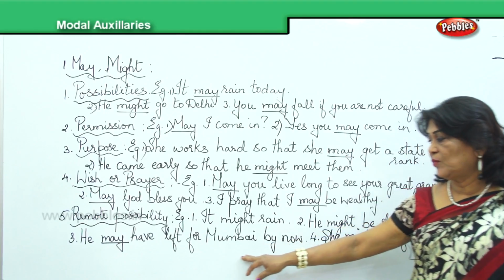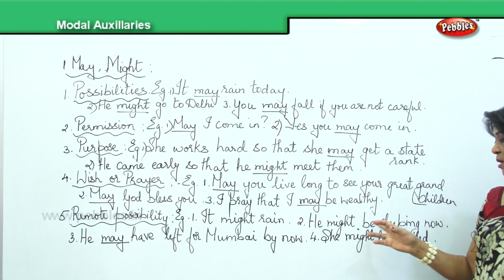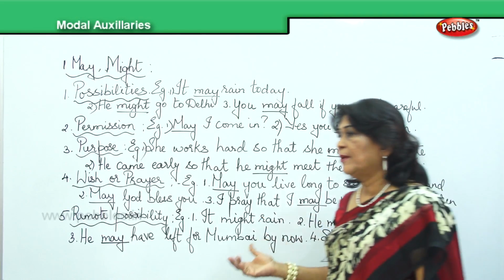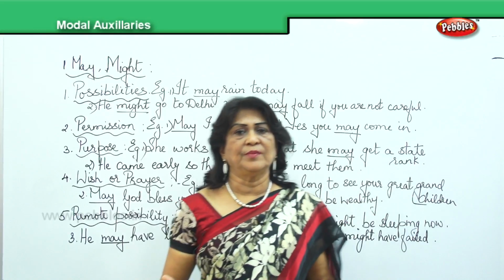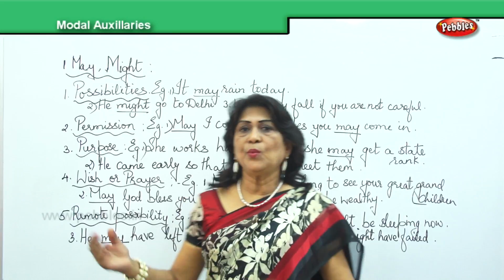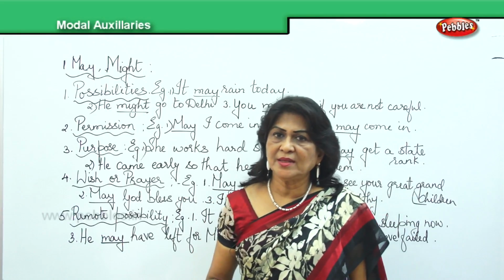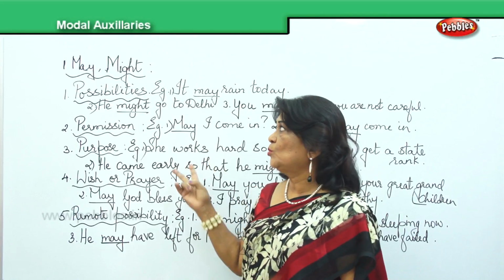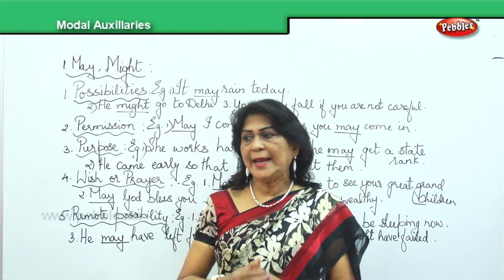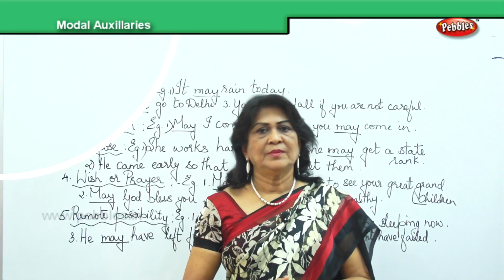He may have left for Mumbai, may not be true. He might be sleeping by now, also may not be true. Or it might rain, is also not true. It is remote possibility. So these are the ways in which may and might are used, and these are two of the modal auxiliaries. Shall we move on to the next two?